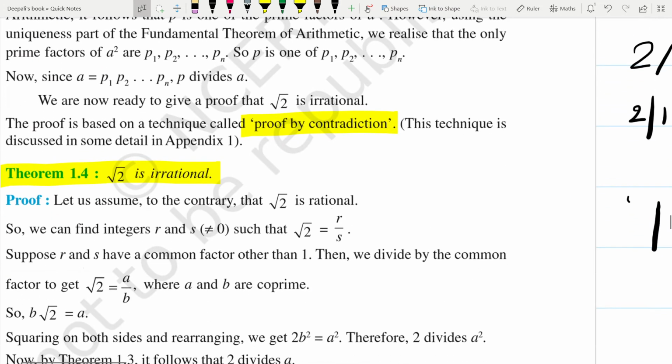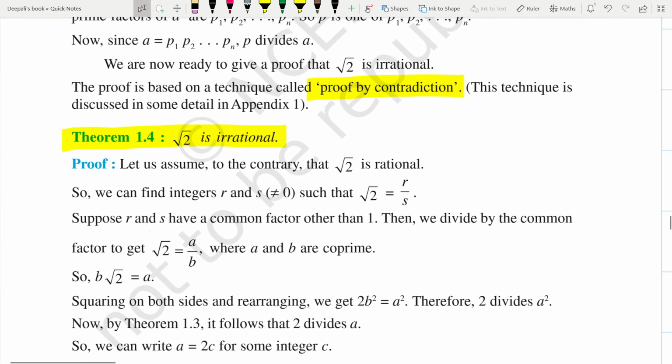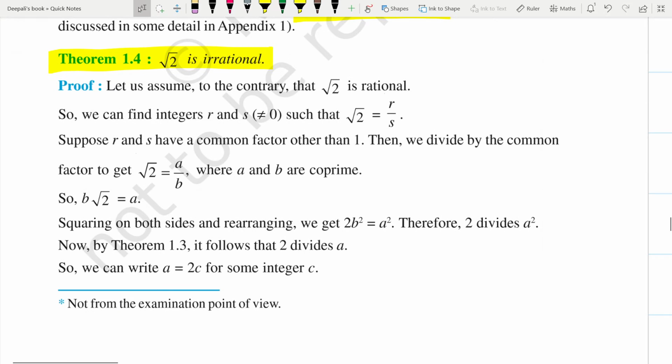Now let us use this to prove root 2 is irrational. This proving method is called proof by contradiction, as we are going to suppose the opposite of what we are required to prove. Let us understand it. Let us assume to the contrary that root 2 is rational.